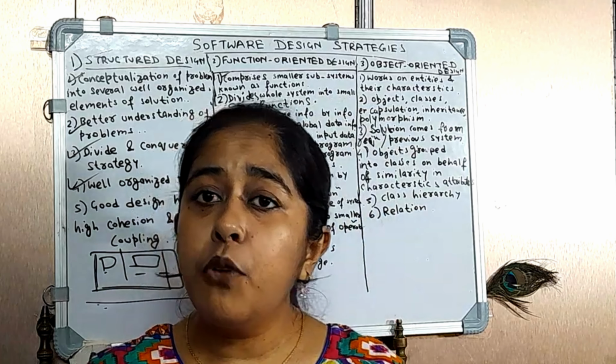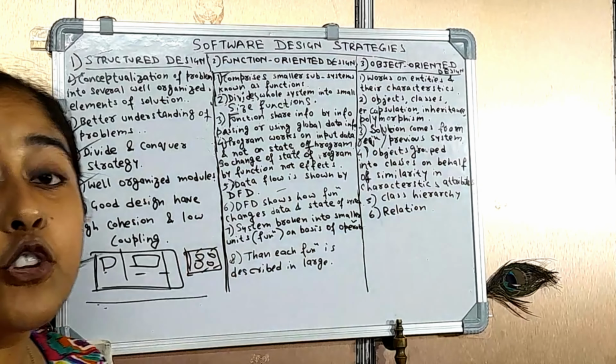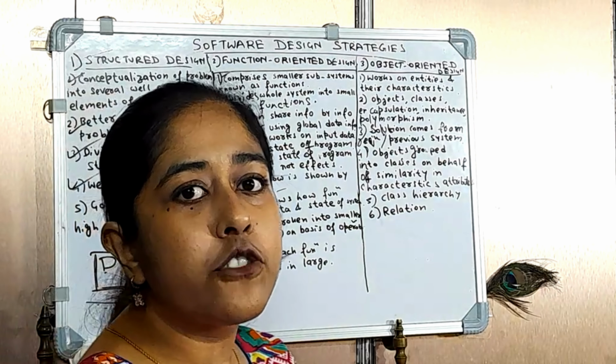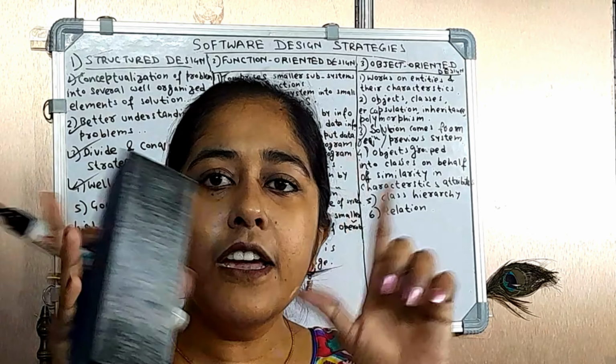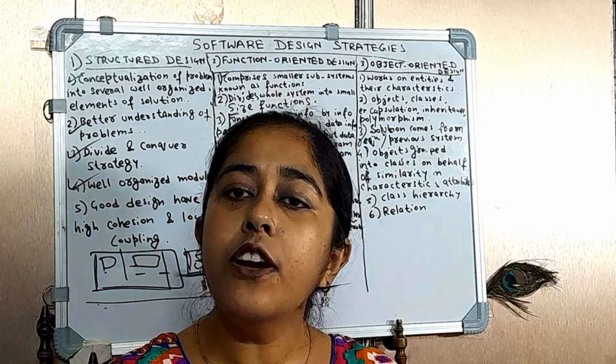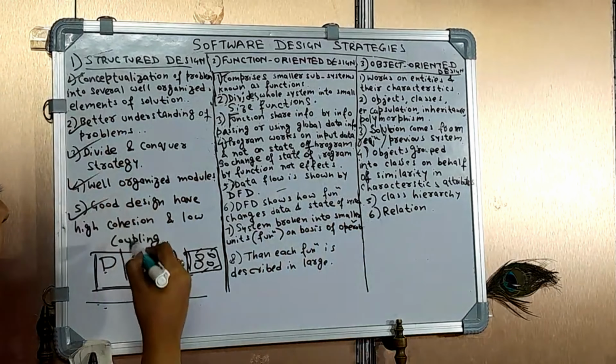So that is what we have to see in well organized modules. Your modules should always be well organized so that we can easily group them into different cohesion and coupling groups, and you can easily give a structured pattern to your designing phase, right? So now next, good design, that is, having high cohesion and low coupling.